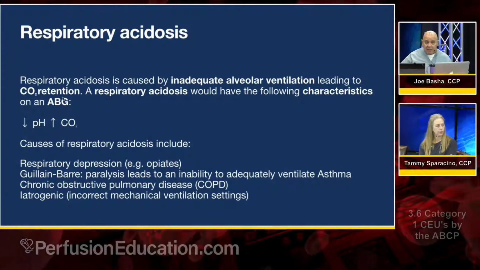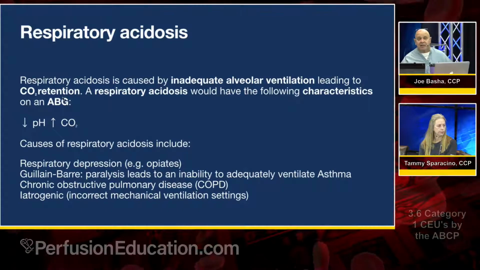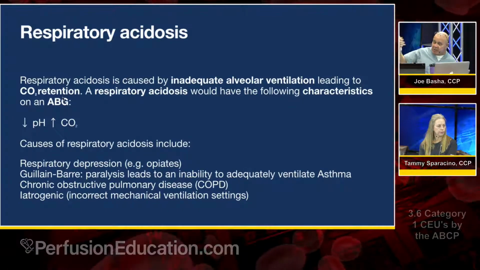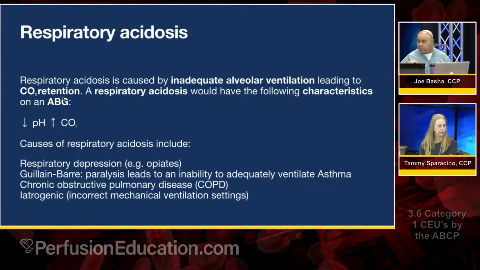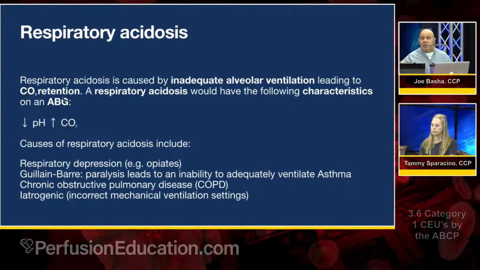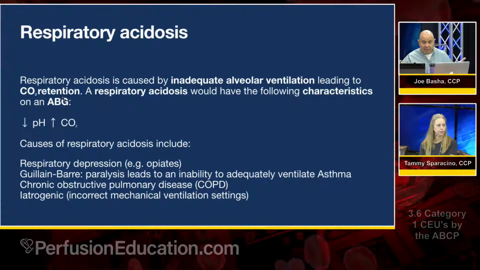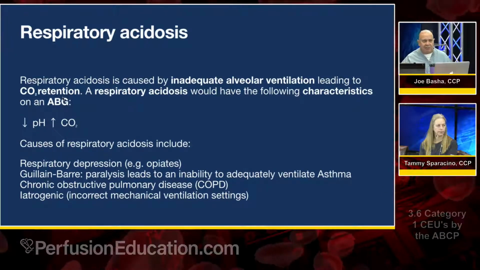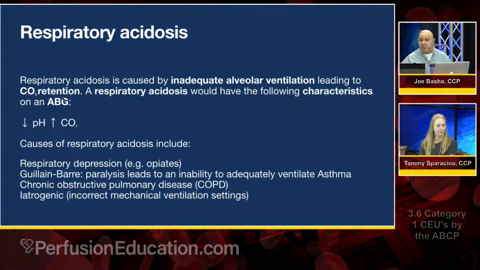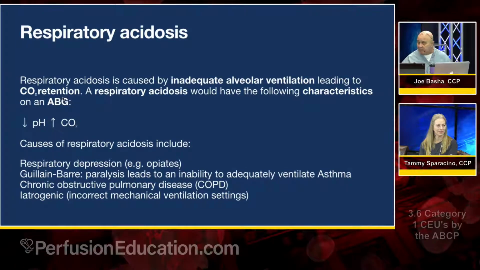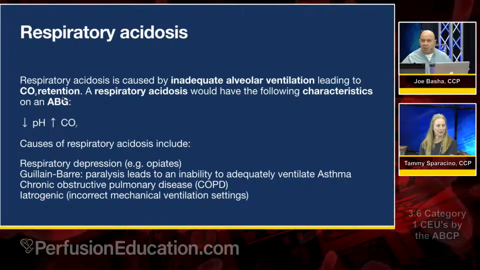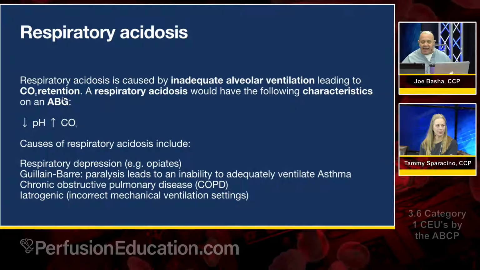In fact, it is really interesting that you can have, and Tammy, you have firsthand experience with this, I do too, you can have a PO2 on bypass of 300 and a PCO2 of 120. And you're sitting there going, what the heck is going on?